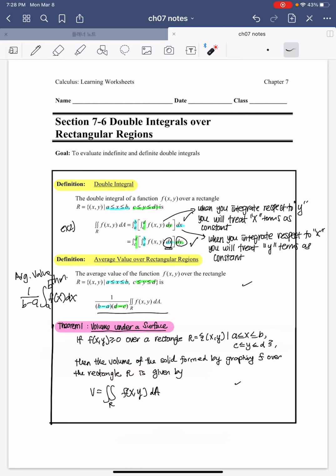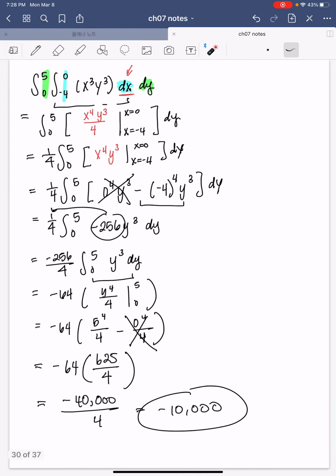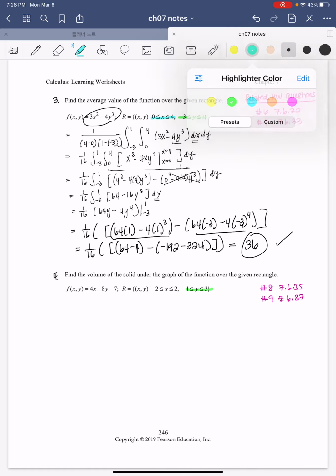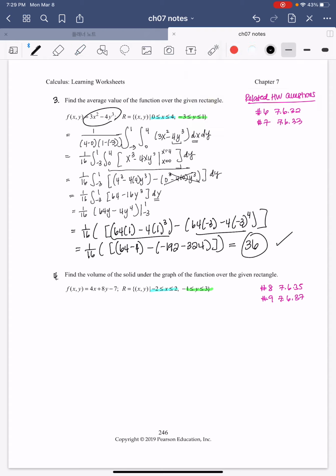Double integral of the region, and then you have a choice. dy, so basically we are taking the double integral. So let's set up. My y term, my x term, and then you have a choice.